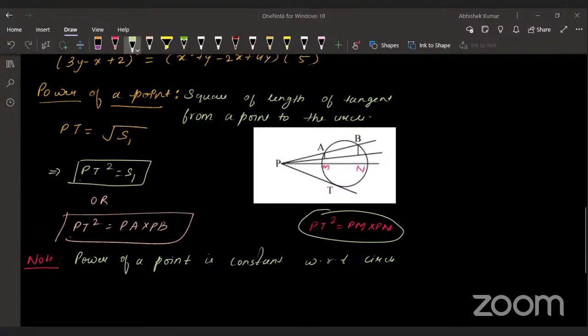Okay. Now we will do some questions because that's also important. PA length, PA is a length. Yes, everything is length. PA, PB, they all are length.